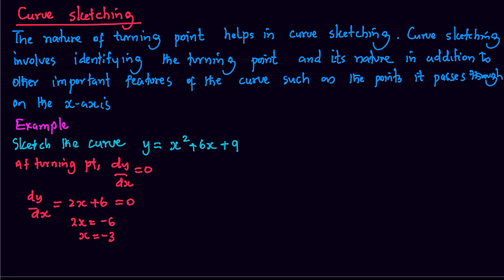So we have the x value as negative 3. And therefore we can get the y value. Y will therefore be equal to minus 3 squared plus, or minus 18 plus 9.